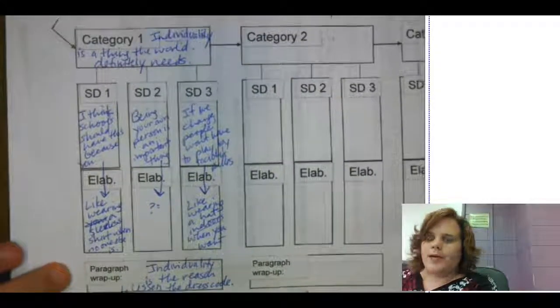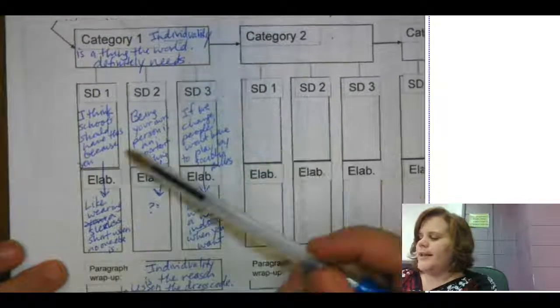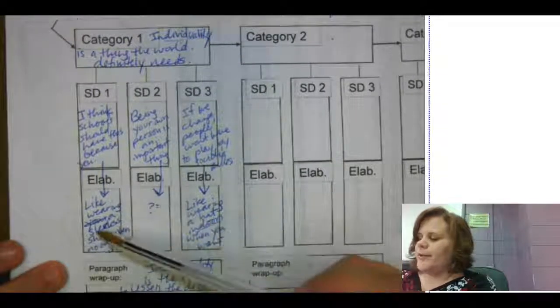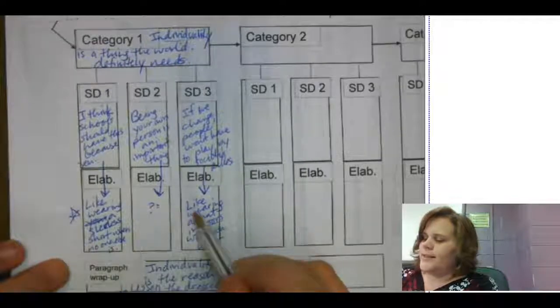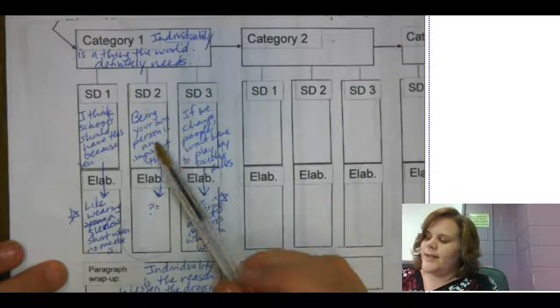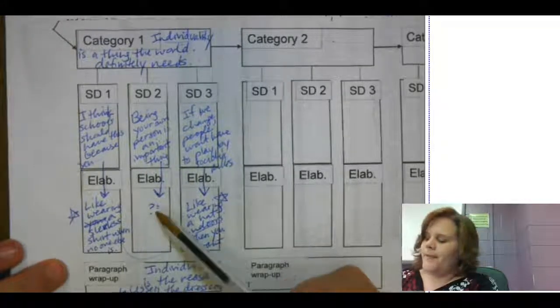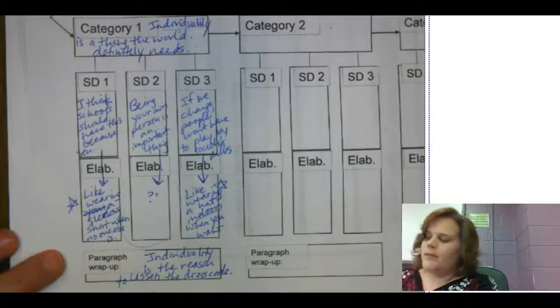So right now already you should kind of see, okay, if I'm evaluating this paragraph, it has a topic sentence, it has some elaboration. We need to work on our sentence formation, but we need a little more elaboration because anytime you give one example or a reason, you need to elaborate it. It does have a wrap up.